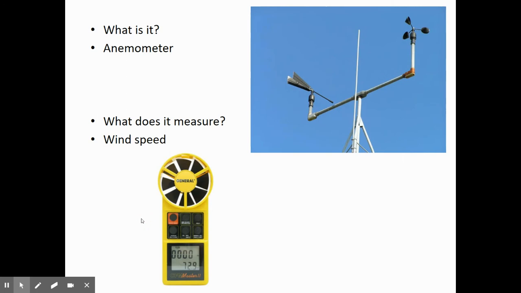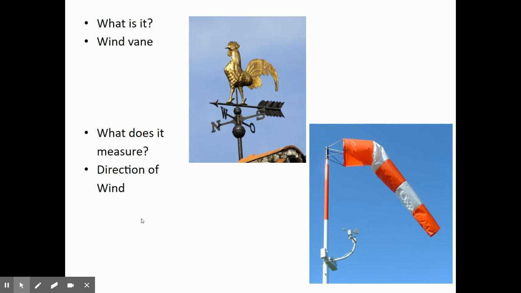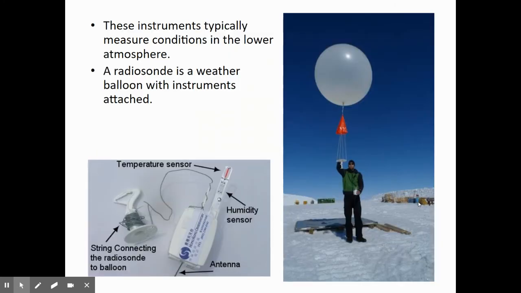Anemometers measure wind speed. They can also indicate the direction, but what it's measuring is the wind speed. And a wind vane measures simply the direction. So at the helicopter launch pad, they're showing the helicopter pilot which way the wind's going. These instruments typically measure conditions in the lower atmosphere.